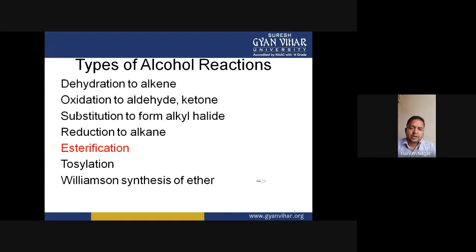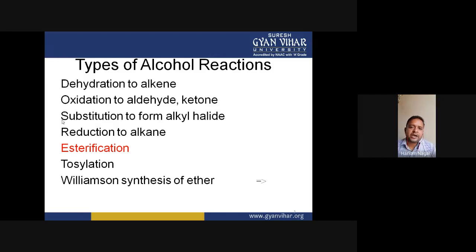While if you talk about the second reaction, that is oxidation to aldehyde and ketone. By the oxidation of alcohol, we can produce aldehyde and ketone. But the question is: aldehyde is formed by the oxidation of which alcohol? Primary, secondary or tertiary alcohol?